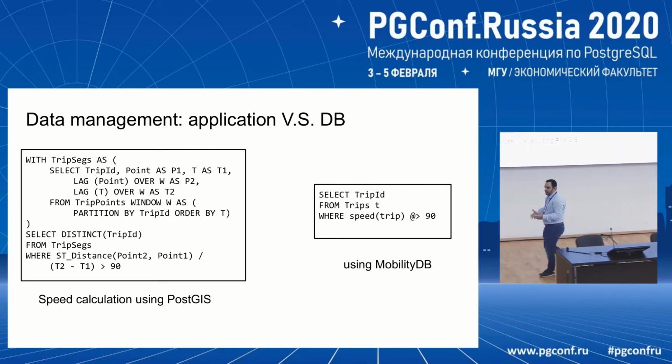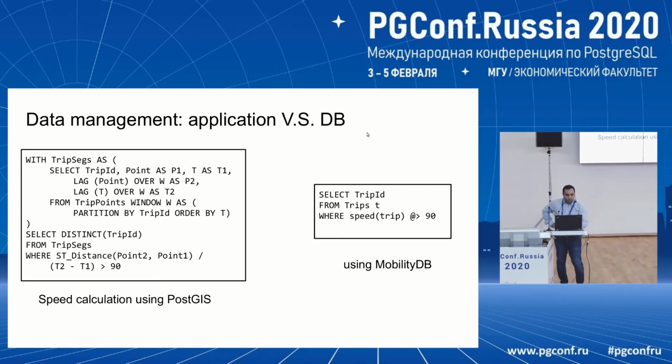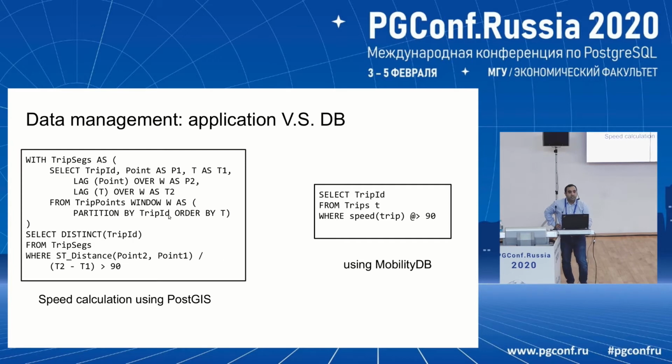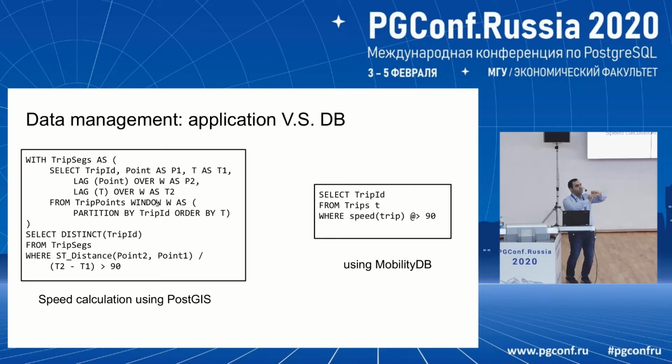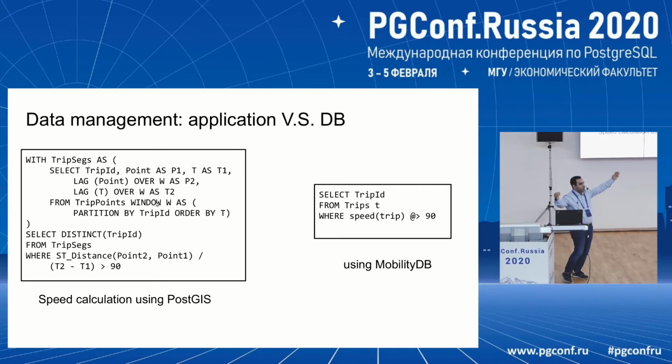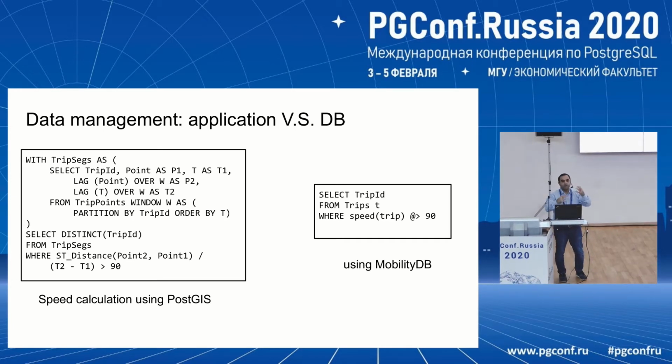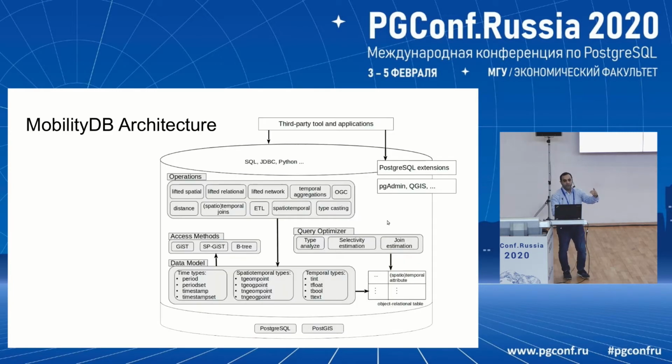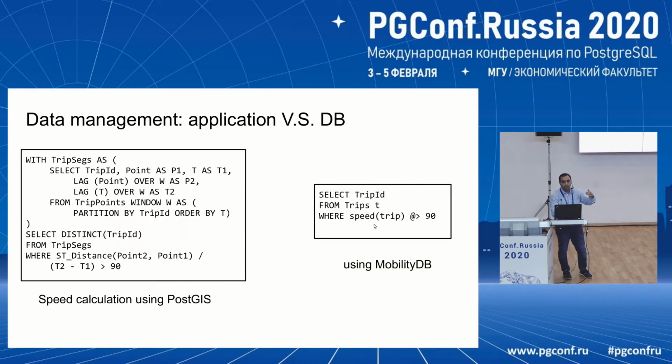In order to calculate the speed, you need to do some window aggregation, combine every point with the point that comes after, measure the distance, divide by time. So this kind of processing you do in your SQL, so it's at the application level, while in MobilityDB, because trip is a trajectory type, a temporal point, you can directly call an operation like speed. So this processing is done at the database level.